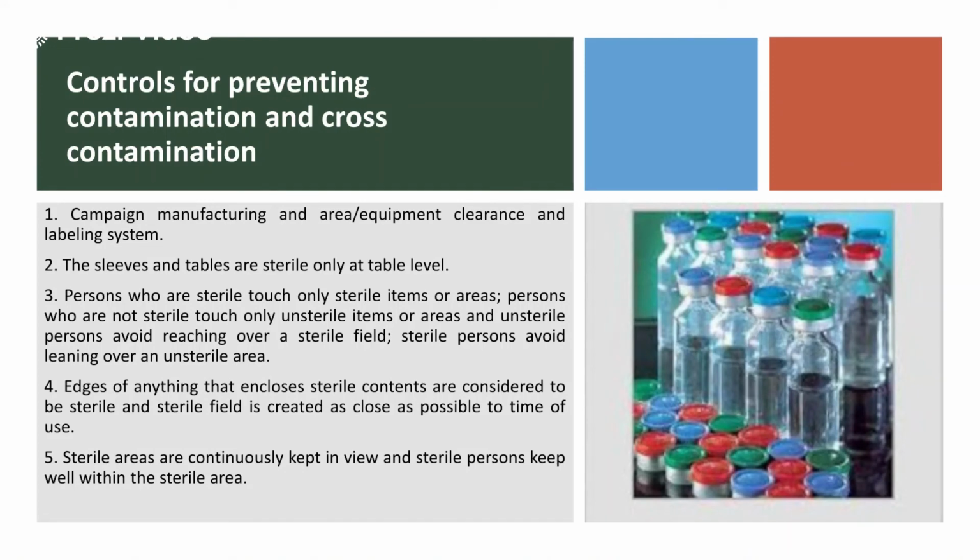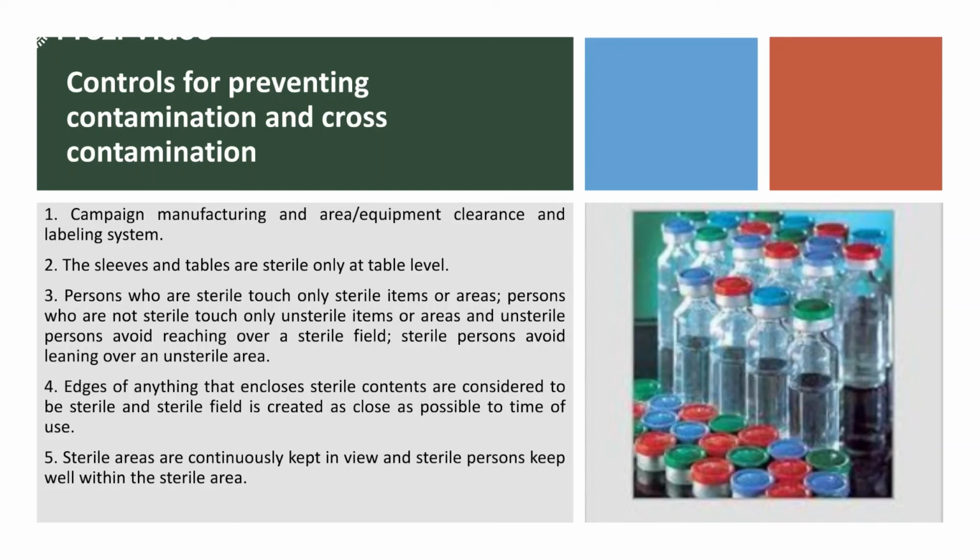each and every process is clean, tables are sterile, there should be skilled manpower to ensure that they touch only the sterile part, the movement of the person working there is very much controlled, and the entry and exit are controlled in a way that ensures that everything goes in place, and the edges of anything have to be sterile.